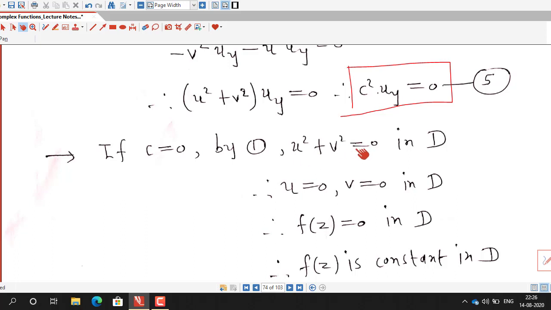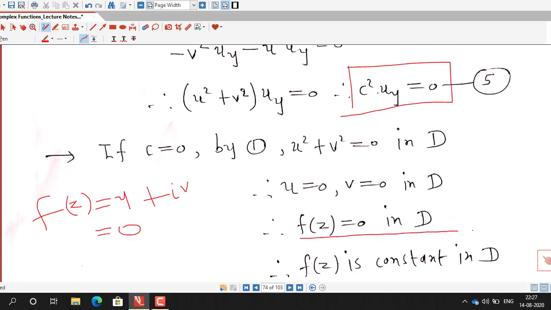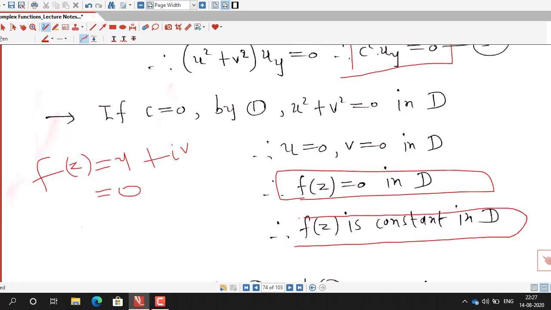Now u square and v square are non-negative functions, so this is 0 if and only if u and v both are 0 at every point in domain D. And if u and v both are 0, then f of z is u plus iv, so f of z will become 0 at every point in domain D. This means f of z is constant in domain D.